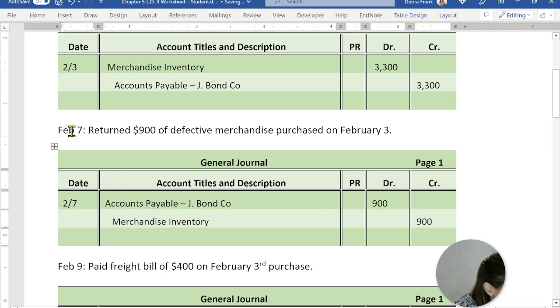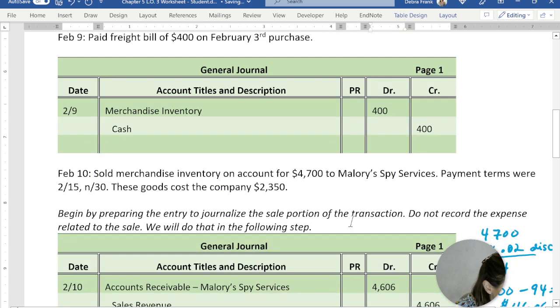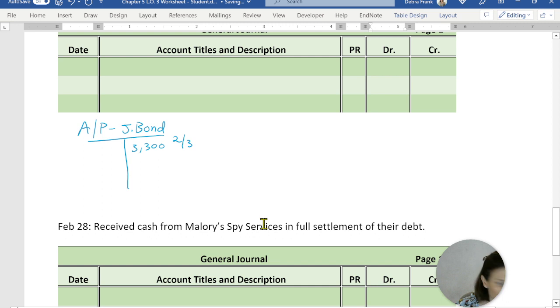So on February 7th, okay, there was a return for $900 worth of inventory. So we have a credit for inventory, a debit, excuse me, for our accounts payable. And that was February 7th. All right. And so our balance of what we owe right now is 3,300 minus 900, 2,400. All right, that's the balance due.